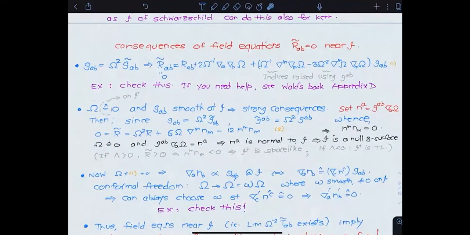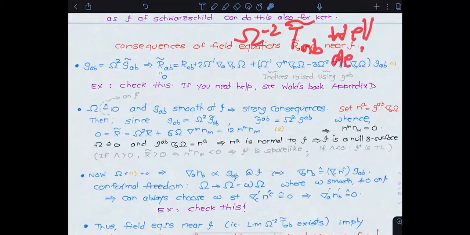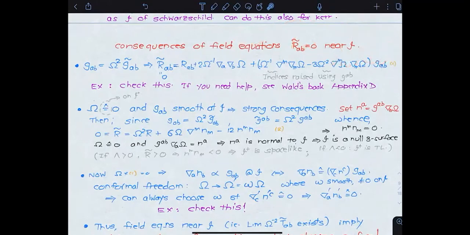We are assuming R tilde is equal to 0, the physical Ricci tensor vanishes, because I assume that T tilde is equal to 0. As I said before, you don't need to assume that. You only need to assume that omega to the minus 1 times T tilde is well defined at scri.